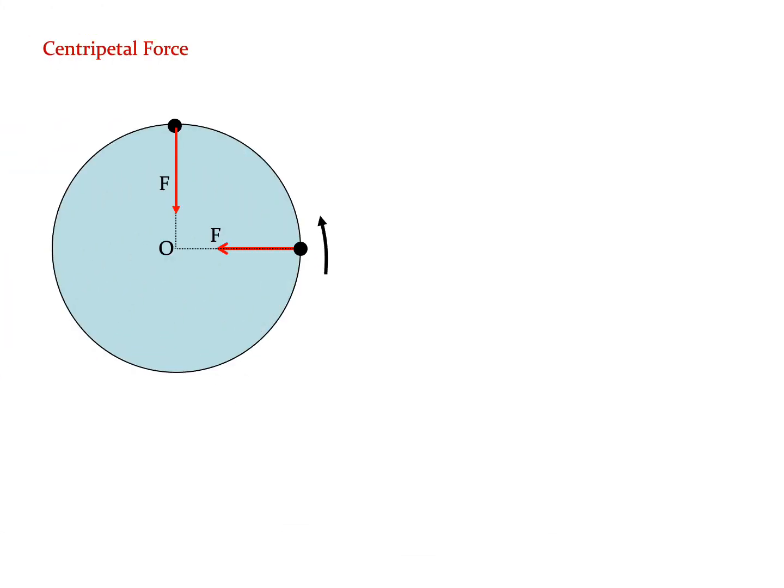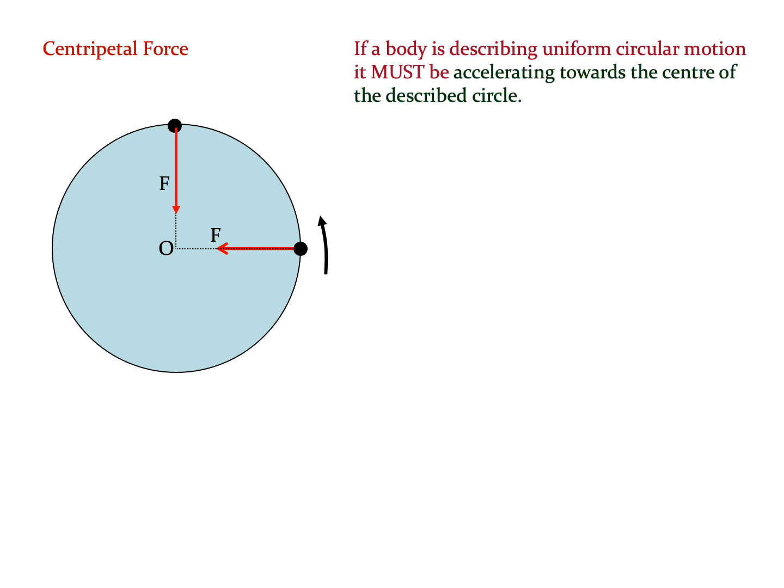Okay, so we have a centripetal acceleration, therefore there must be a centripetal force to cause that acceleration. Let's explore that. Well, firstly, this is something which you should become very familiar with, and it applies to all situations of uniform circular motion that you meet. It's worth memorizing this.